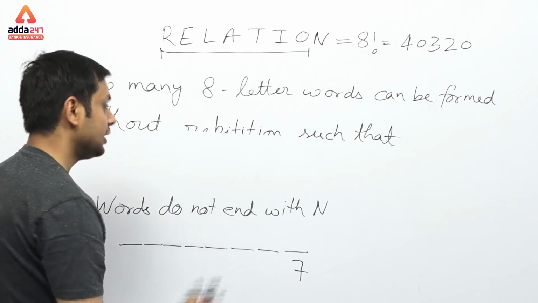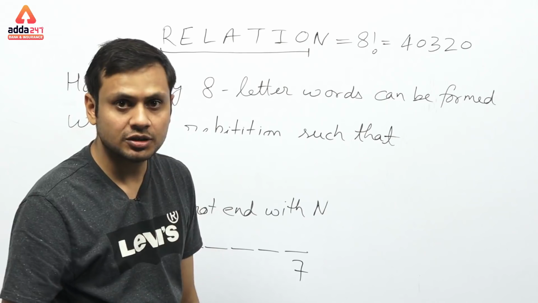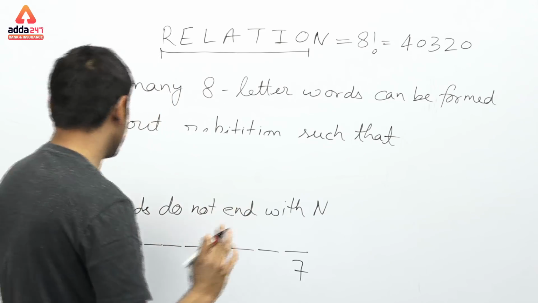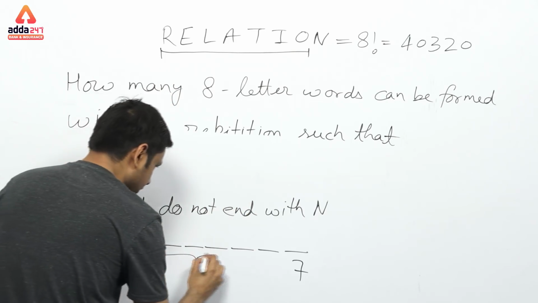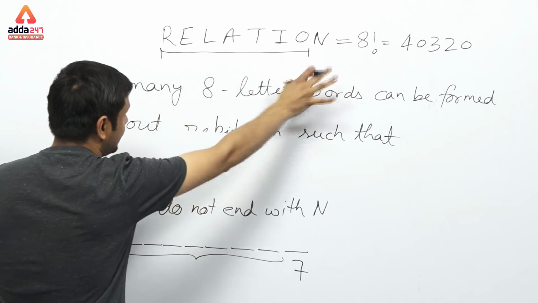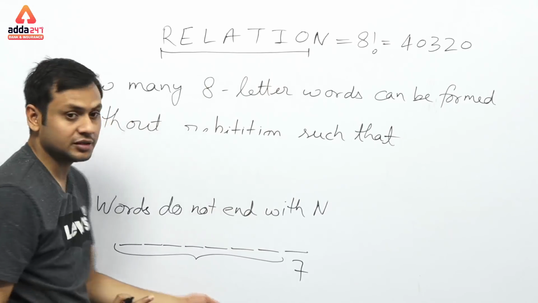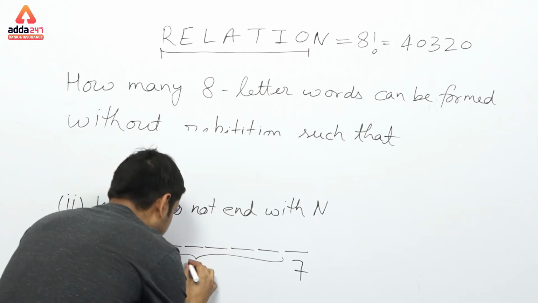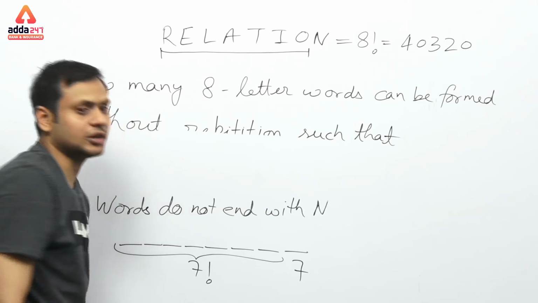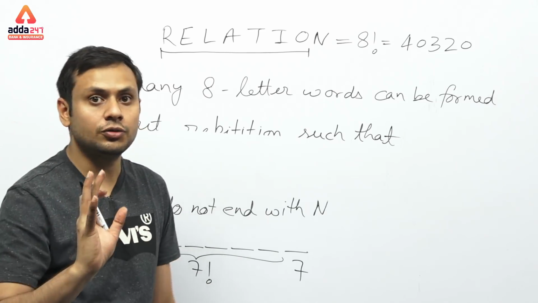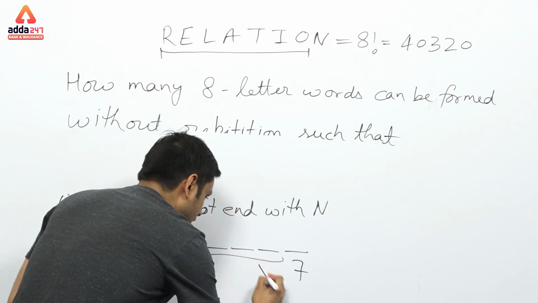7 ways. Now there is no other extra condition. For the remaining 7 places, we have 7 available letters. In how many ways can that be done? It can be done in 7 factorial ways. Since we need to fill all the places, we need to multiply.